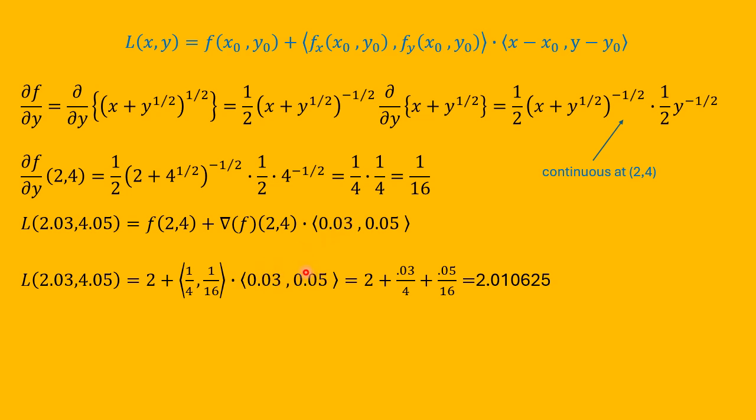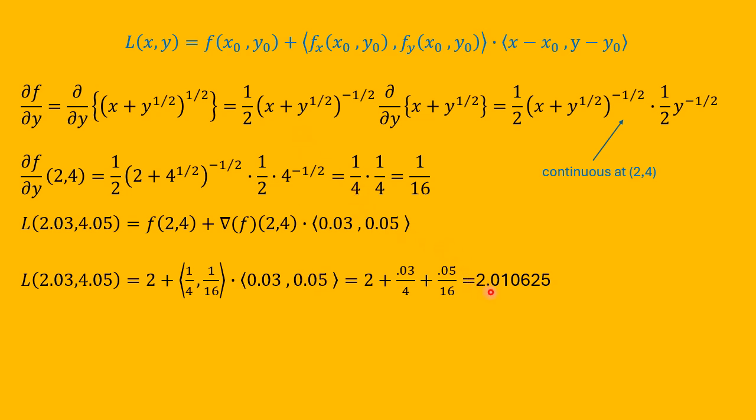So we have 2 plus, and then this dot product is going to be 1/4 times 0.03 plus 1/16 times 0.05. So that simplifies to 2 plus 0.03 over 4 plus 0.05 divided by 16.